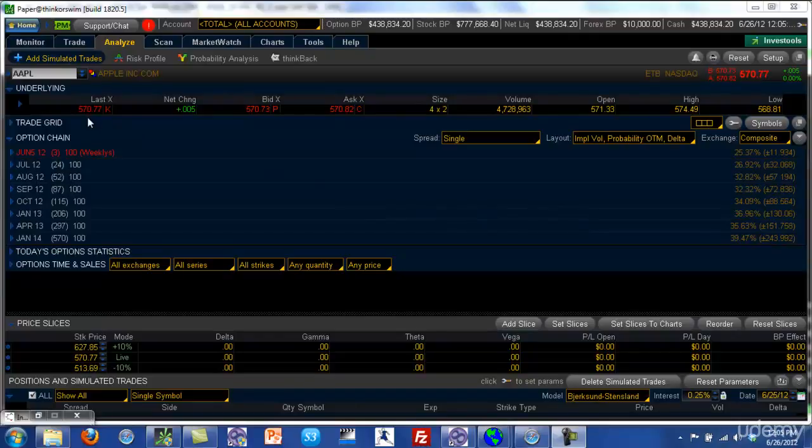So if we look at the Apple example, Apple's currently trading at around $570. And we are in June right now. And standard deviations in general are calculated on a yearly basis. So if we wanted to go out 365 days, we would want to look at something that's between April 2013 and Jan 2014.